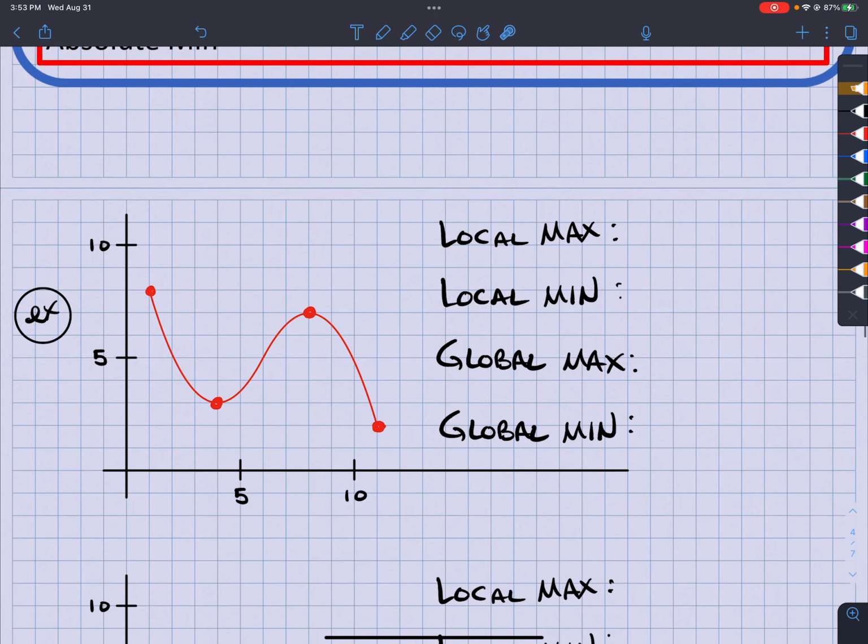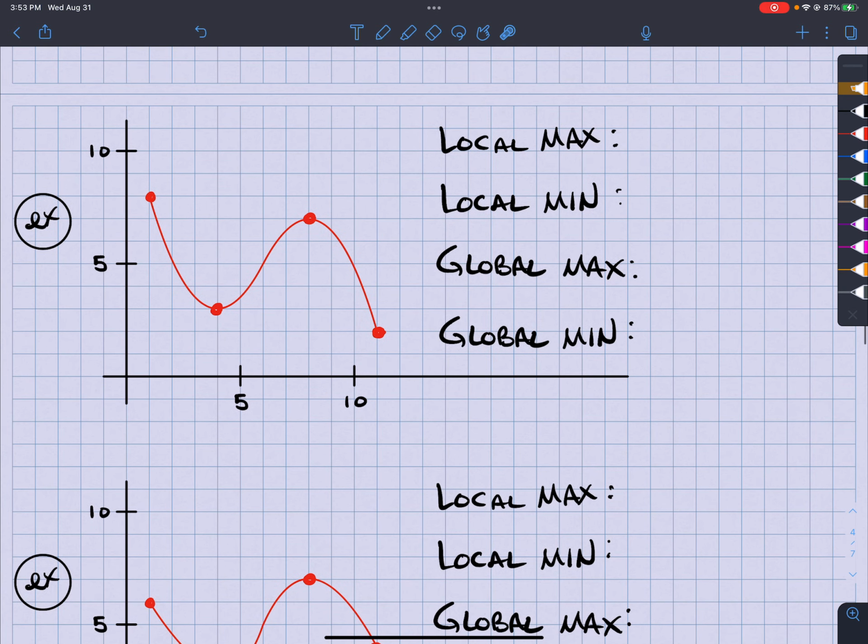Okay, so let's take a look at some of these. I guess I'm calling them global, so they're also known as absolute. All right, so if we look at this right here, our local max will be right here. And our local min will be right here.